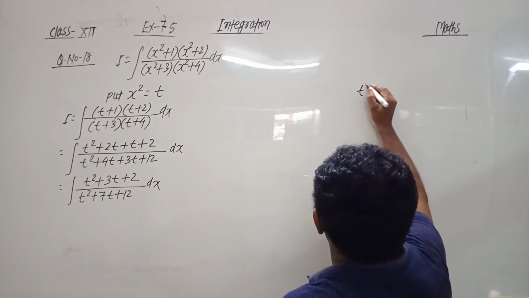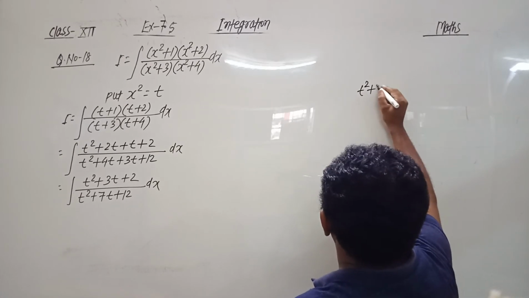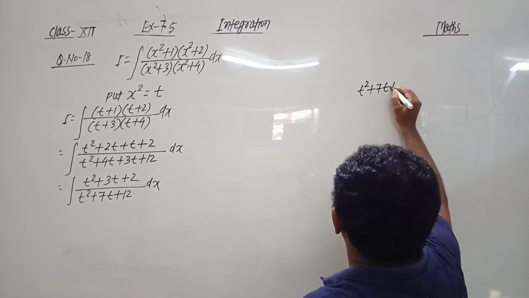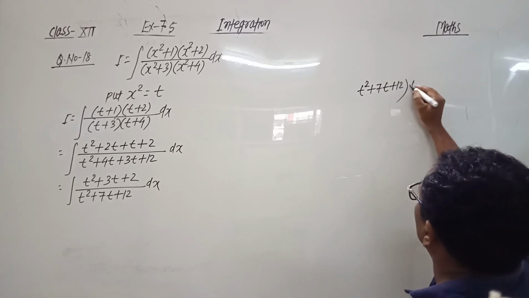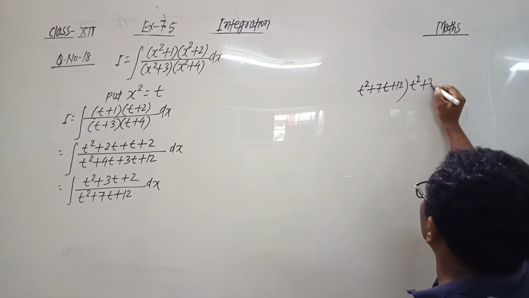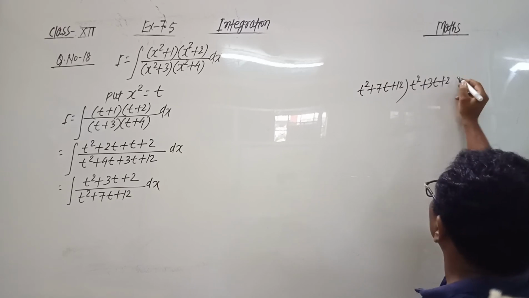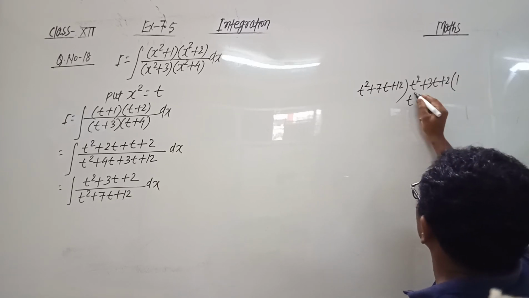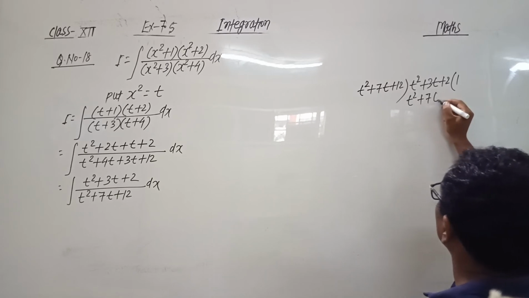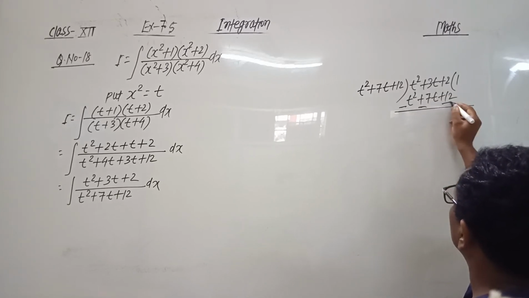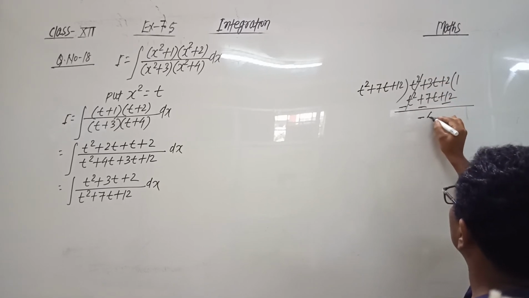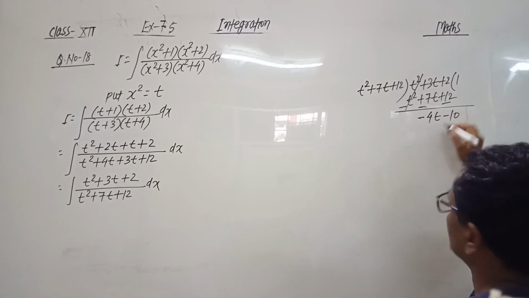So we divide t square plus 3t plus 2 by t square plus 7t plus 12. It goes by 1. So t square plus 7t plus 12, change the sign. So it becomes minus 4t minus 10.